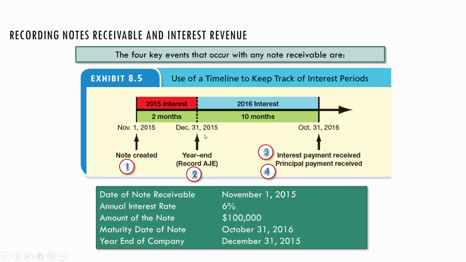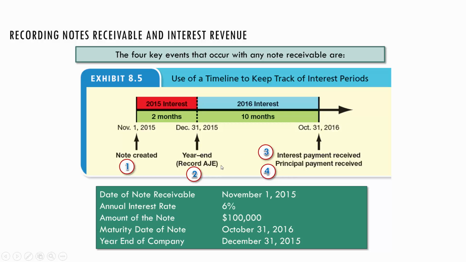We need to think about this because under the accrual method of accounting, we have to record interest revenue as it's earned. We have earned 2 months of interest at this point, and we need to show it as revenue. So on December 31st, from this particular customer, we should show 2 months of interest. Now, we will show on October 31st, up to that point, the total of 10 months of interest for this next fiscal period.